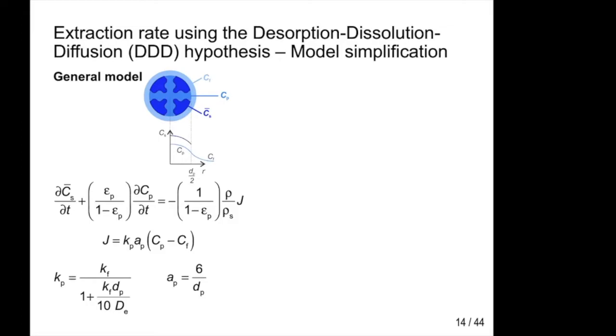It depends on the global mass transfer coefficient, K sub P, and a driving force corresponding to the difference in the oil concentration between the particle pores and the supercritical CO2 phase. In turn, the global mass transfer coefficient depends on a film mass transfer coefficient, K sub F, and the effective diffusivity of the oil in the particle, D sub E.